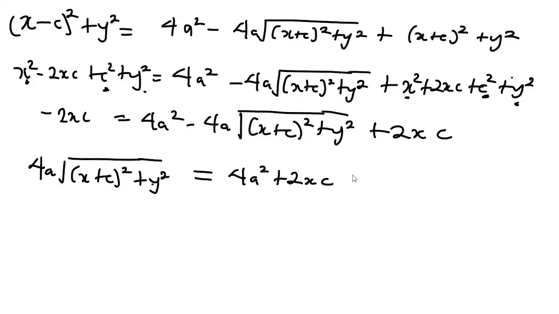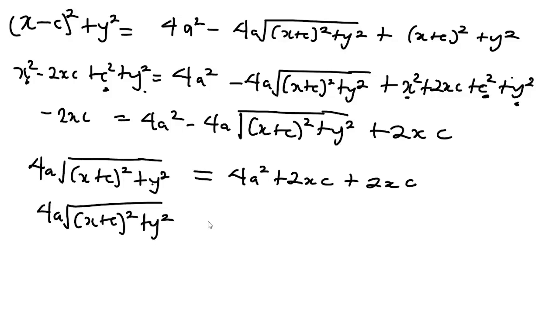This will cross, we have plus 2xc. Now we have 4a root of x plus c all squared plus y squared being equal to 4a squared plus 4xc.